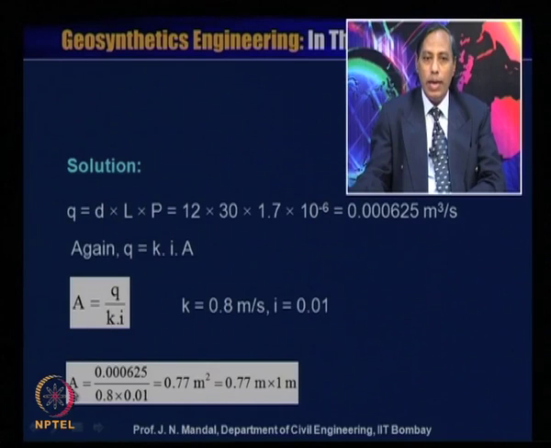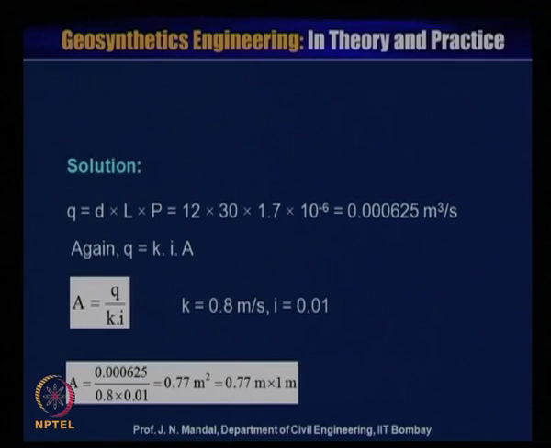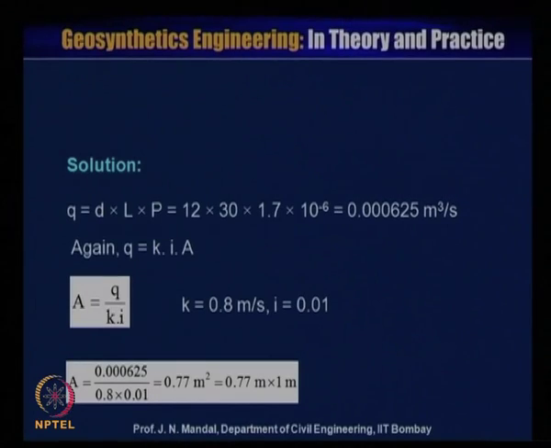So, A will be equal to Q, 0.000625, divided by K, 0.8, into I, 0.01. So, you are having 0.77 meter square. So, you can make the area of the trench 0.77 meter into 1 meter. So, you can find out what will be the trench area, what we are looking for.